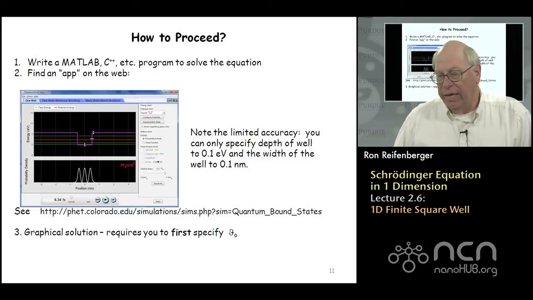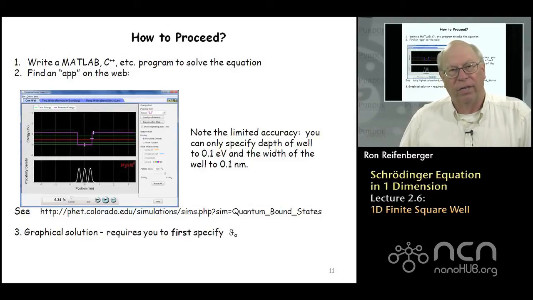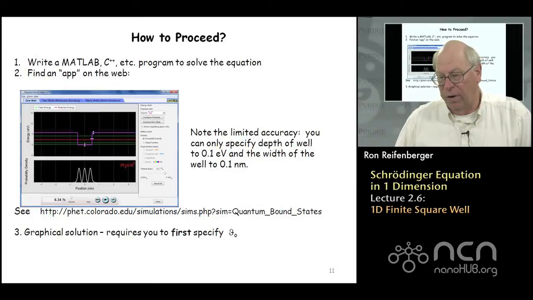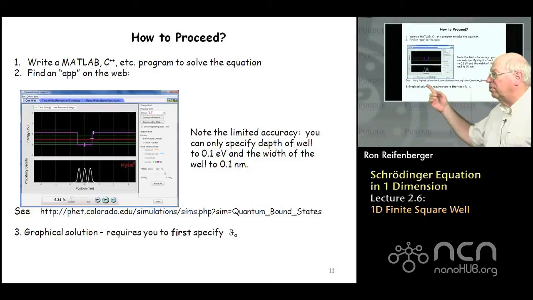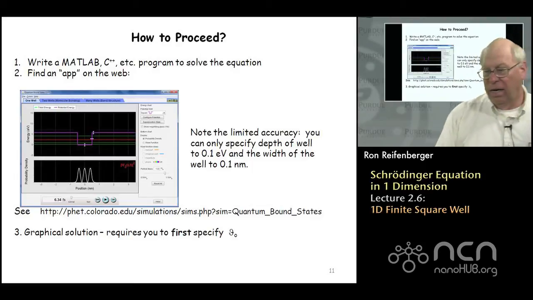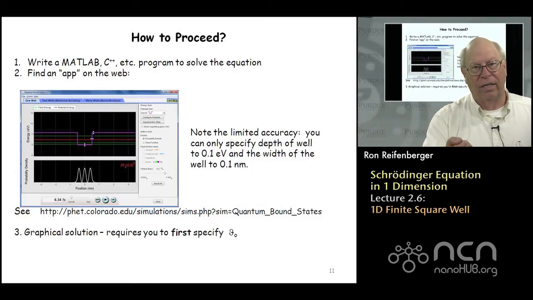A second way is you can find a dedicated app on the web that is geared towards the finite square well potential. I refer you to a website which solves those two transcendental equations and allows you to then calculate the allowed energies, and also gives you plots of wave functions for a square barrier of finite width.